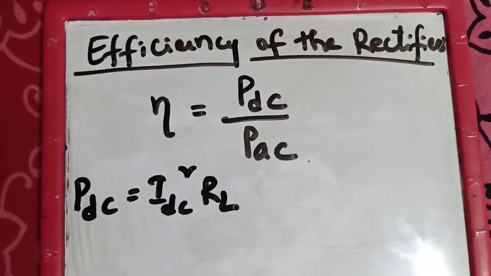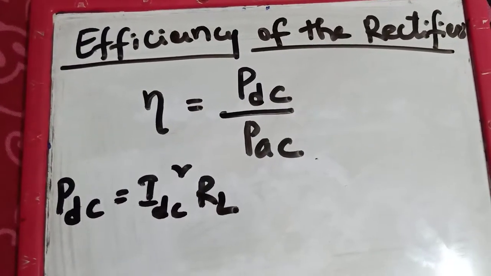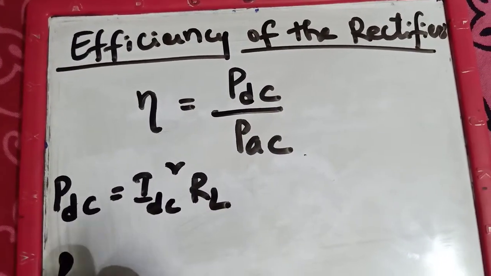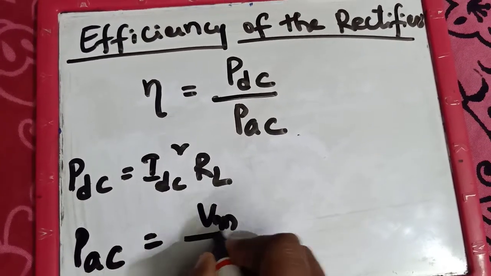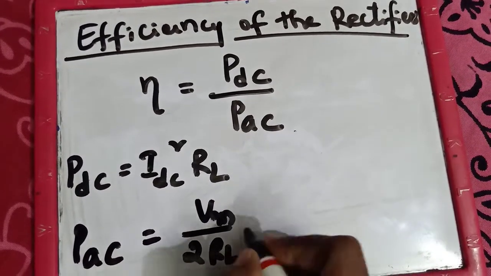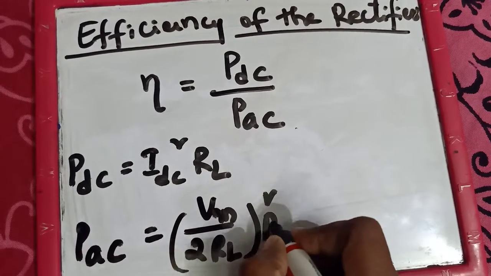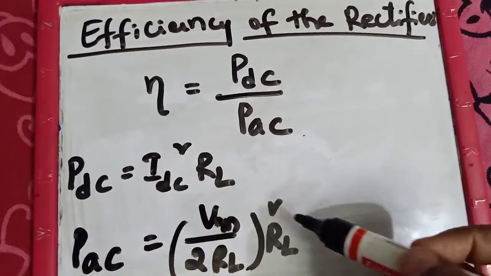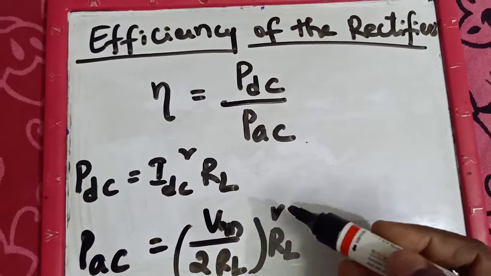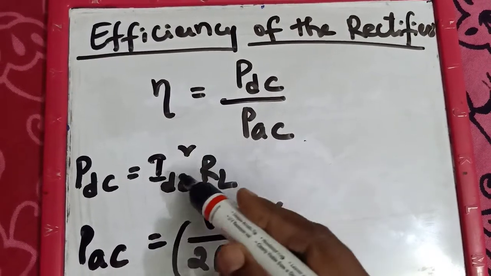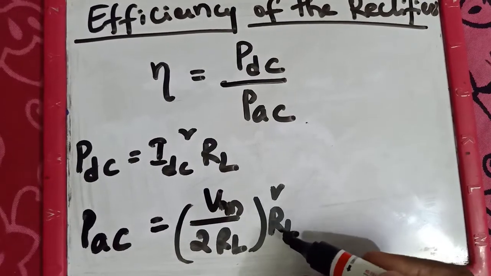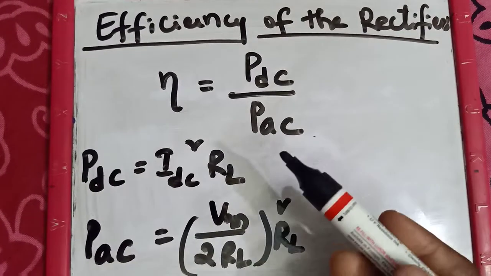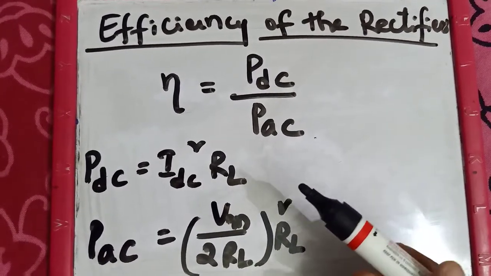And if you go for the PAC equation, PAC is equal to Vm by 2RL whole square into RL. If you substitute these two, that is PDC, IDC square RL, by Vm by 2RL whole square into RL, we'll simplify eta and get some equation.